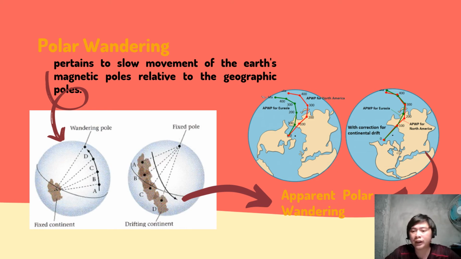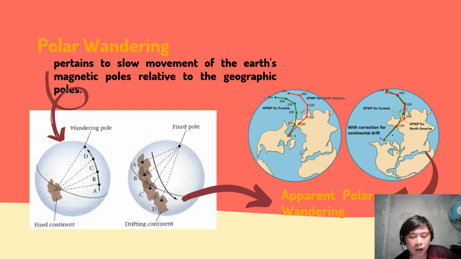Remember the polarity: when the magnetic field is in reverse, there is what we call reverse polarity, or when the magnetic field is in a normal position, there is a normal polarity.